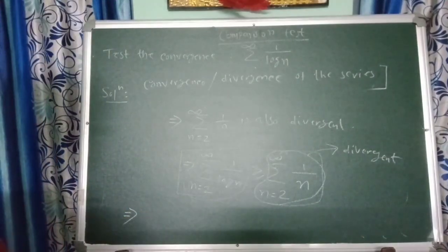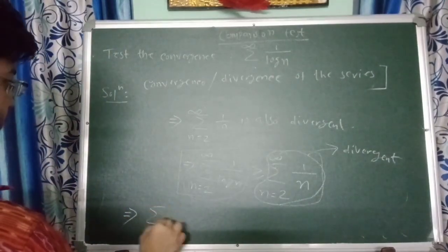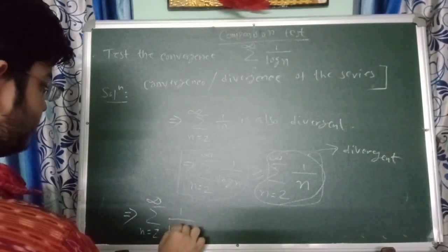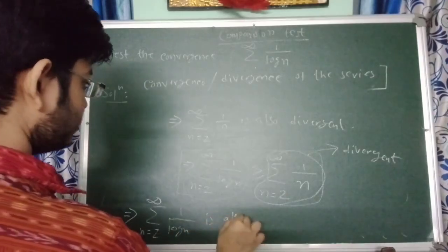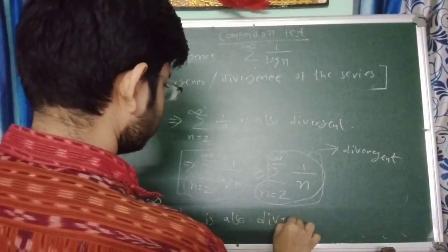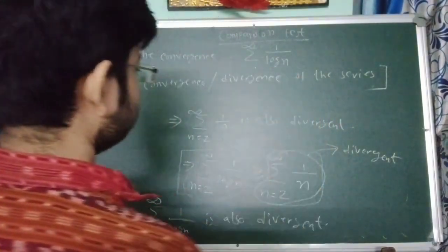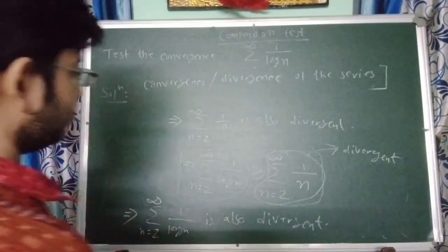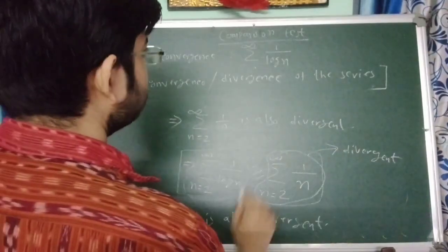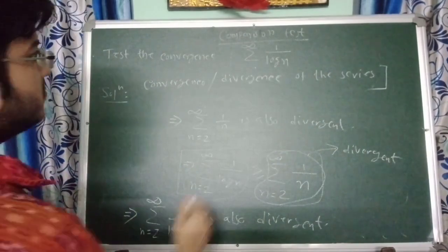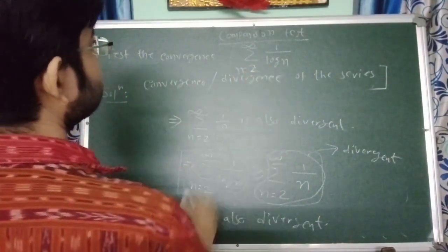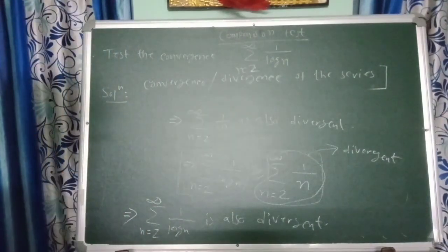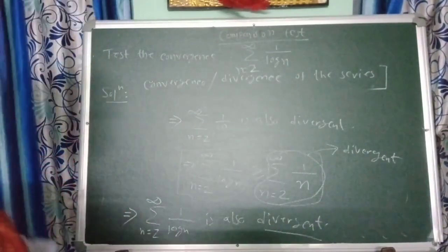So from this we easily say that the original series summation n equals 2 to infinity 1 by n is also divergent, since it is greater or equal to a series which is already divergent, and this completes the solution of the problem summation 1 by log of n, which is divergent.